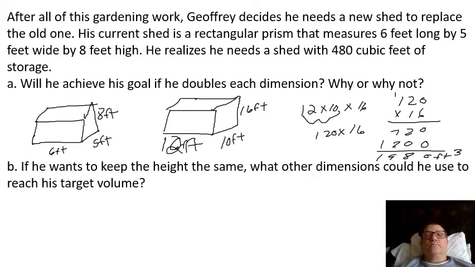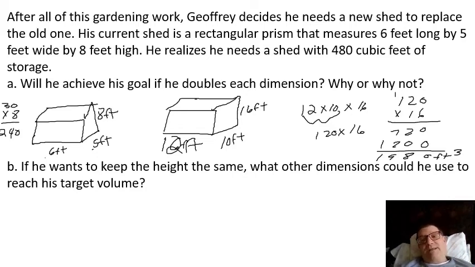Okay. So did he make that? Yes, he did. Now, let's go back to the original one. 6 times 5 would have been 30, times 8. That'd be 240.